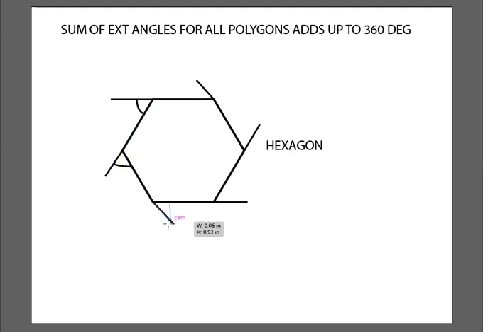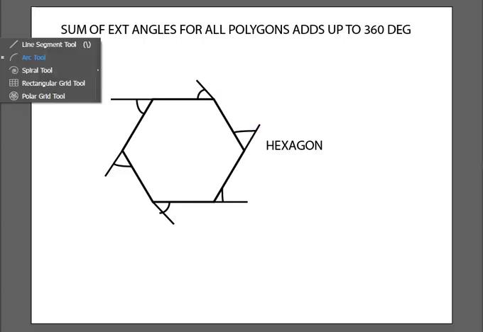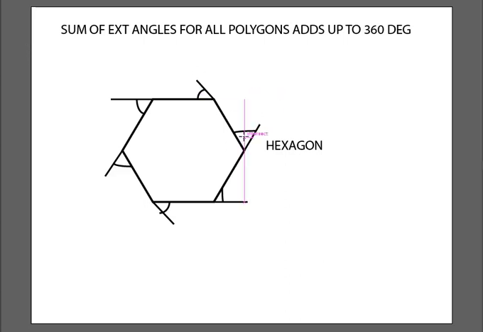We've gotten a resultant angle like that, here, and there. So these are our angles: this one, that one, that one as well. We call these angles exterior angles.